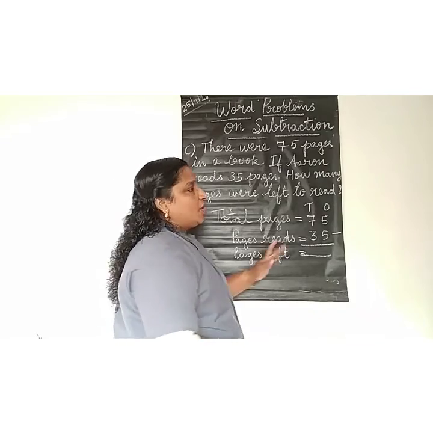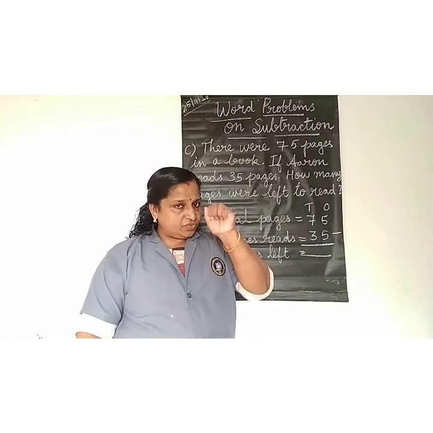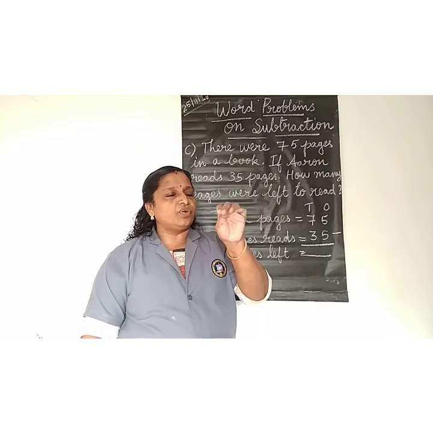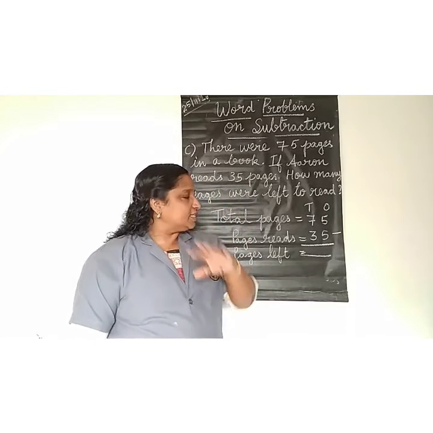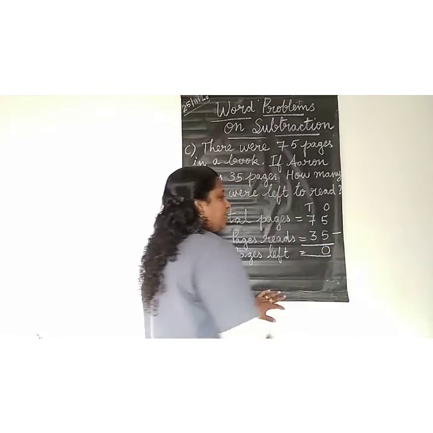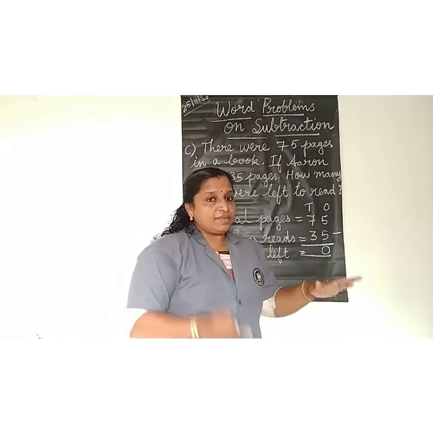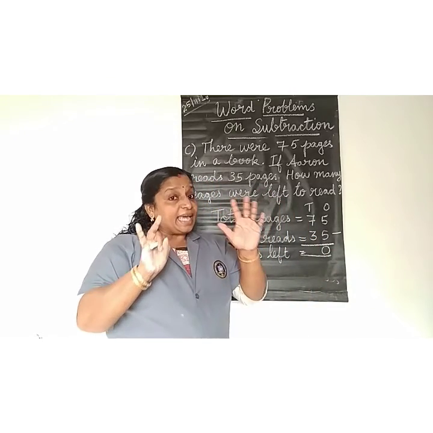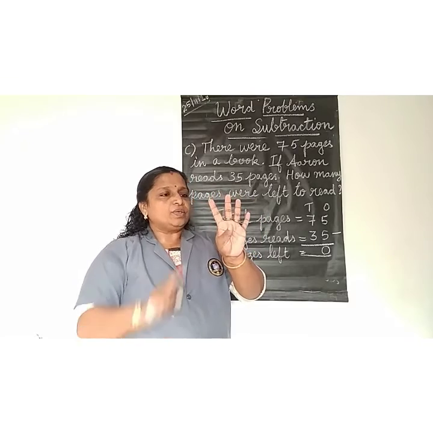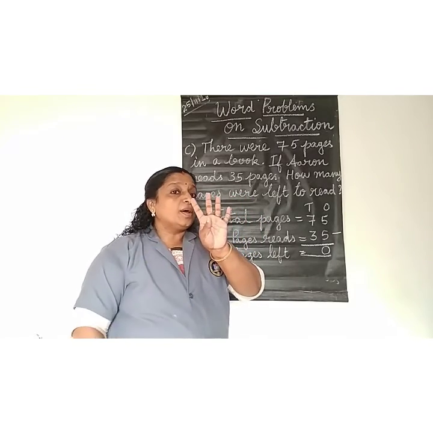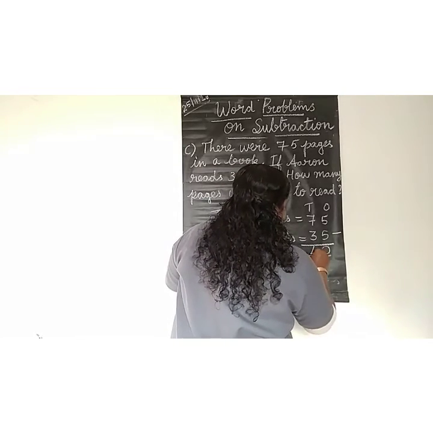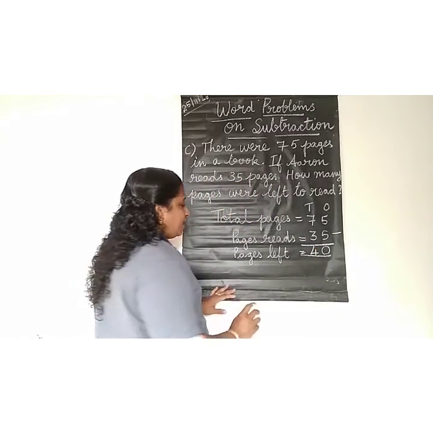So 5 minus 5. Take 5. Cancel 5: 1, 2, 3, 4, 5. Balance, nothing is there. 0. Okay. Then top 7. Take 7 fingers. From that cancel 3: 1, 2, 3. Balance 4. So 40 pages are left over there to read, isn't it?